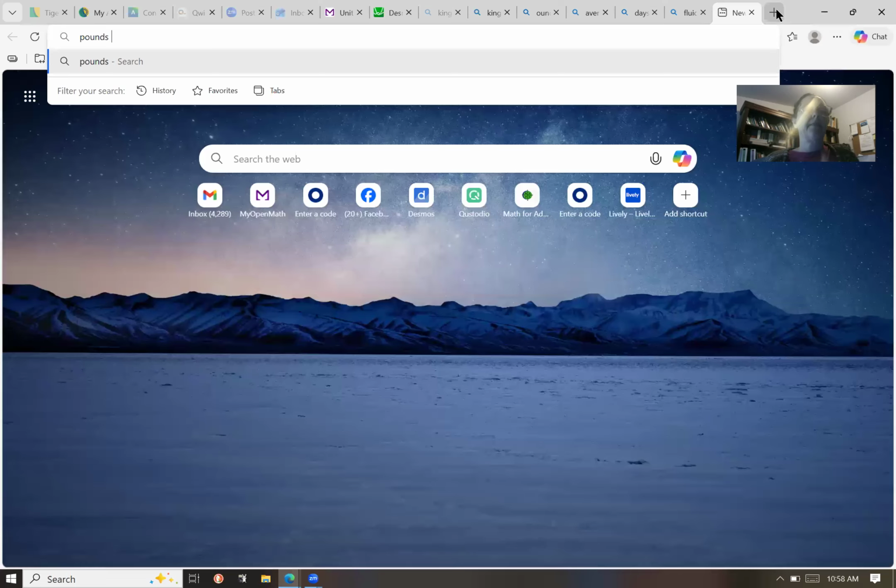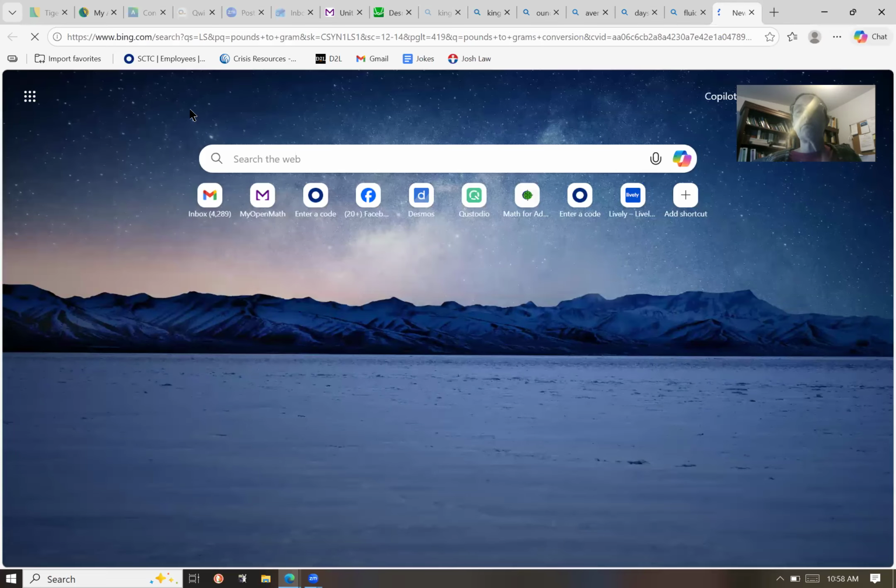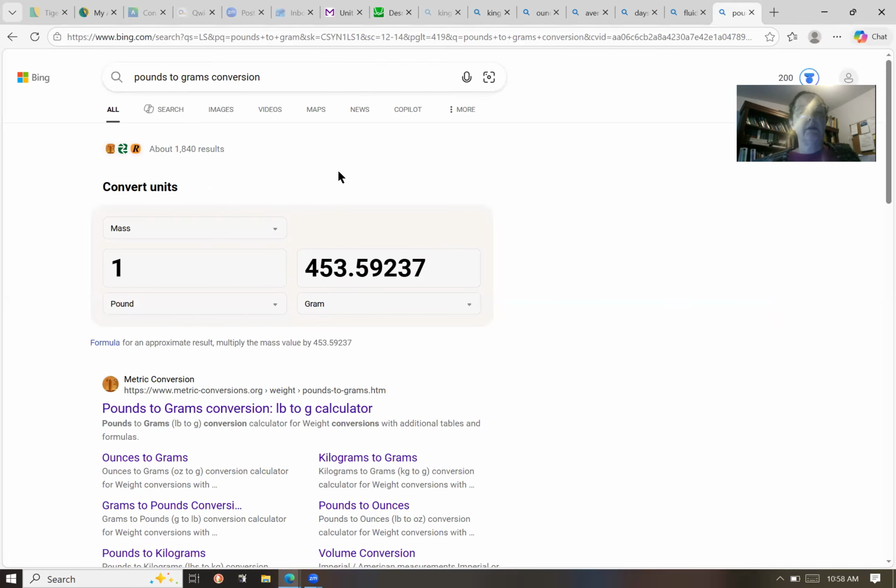So if we do our pounds to grams conversion, one pound is 453.6 grams. But we have 2 pounds.